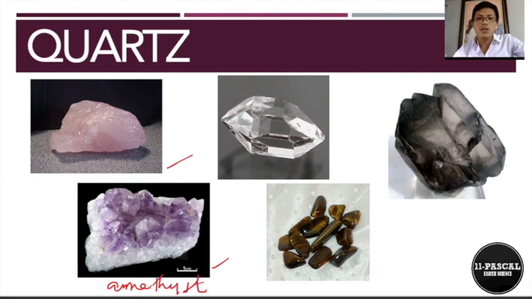It can also be milky white, or even black, or even clear or glassy in appearance, or this brownish, yellowish color. All of these are actually quartz, but due to the impurities present in the mineral, it can change in its color. So we can see here that color is not really a good or reliable diagnostic property.